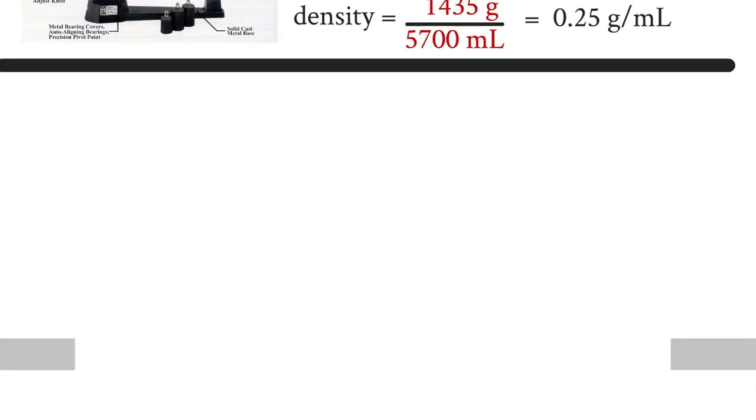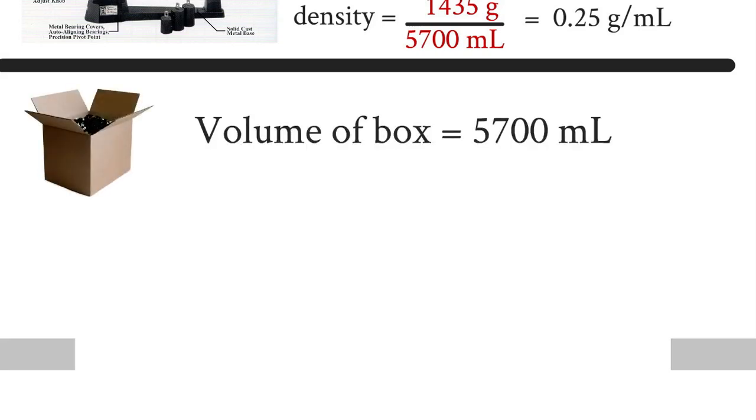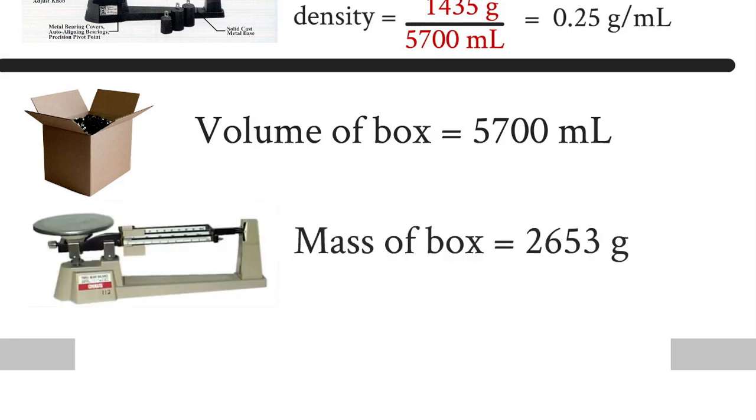Now let's take that same box, so it has the same volume, 5,700 milliliters, but instead of filling it with those light packing peanuts, let's fill it with a bunch of rocks. Now when we take the mass of the box, even though it has the same volume, its mass is a lot heavier because I filled it with rocks instead of those packing things.